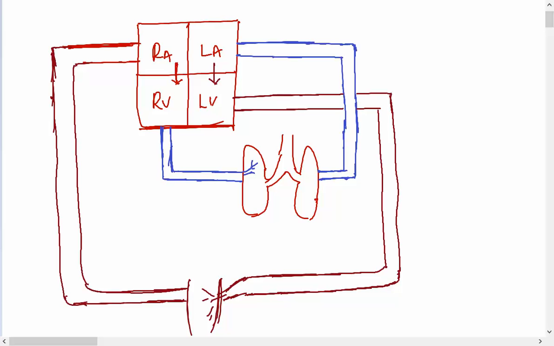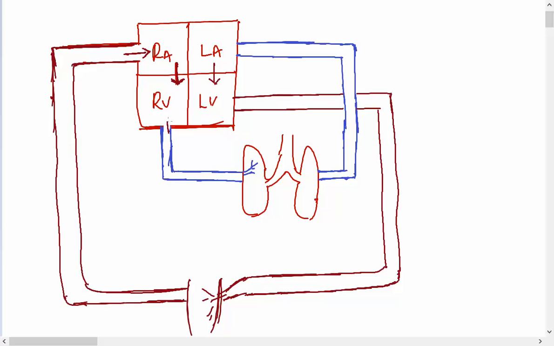Okay, so the venous blood enters the right atrium, and it goes to the right ventricle by crossing the tricuspid valve.